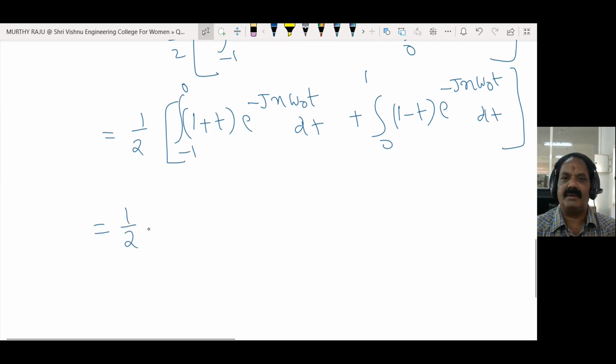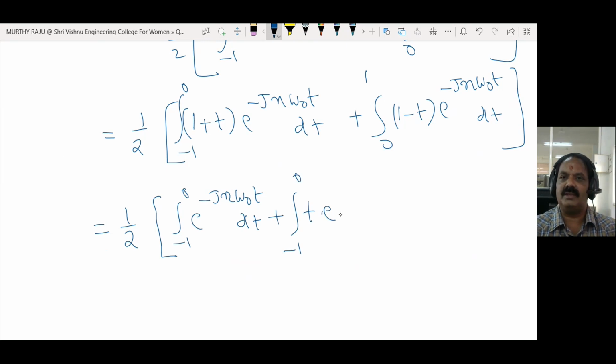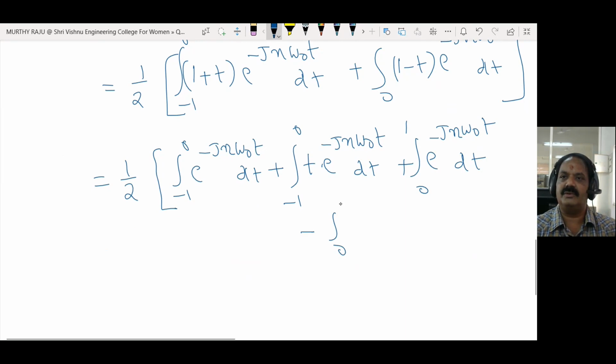That is equal to 1/2 times the integral from -1 to 0 of e^(-jnω₀t) dt, split into two intervals, plus the integral from -1 to 0 of t e^(-jnω₀t) dt, plus the integral from 0 to 1 of e^(-jnω₀t) dt, minus the integral from 0 to 1 of t e^(-jnω₀t) dt.